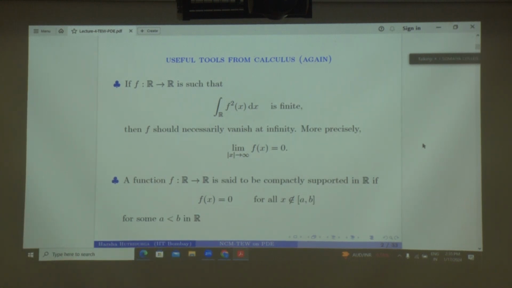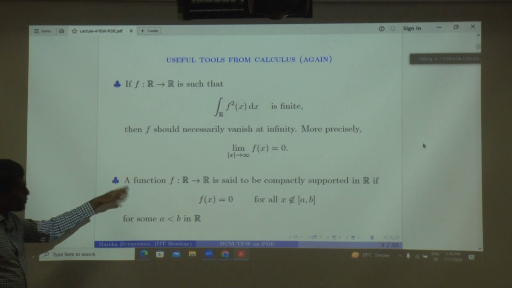If we say that a function is compactly supported in R, we essentially mean that you can find a closed interval AB, a finite length closed interval AB, such that outside that interval, your function is essentially 0. Okay? Anything non-trivial regarding that function is happening inside that closed interval AB only. Outside that interval, it's just a 0 function. So whenever that happens for a given function, you say that function is compactly supported on R. Okay, so this is our terminology.